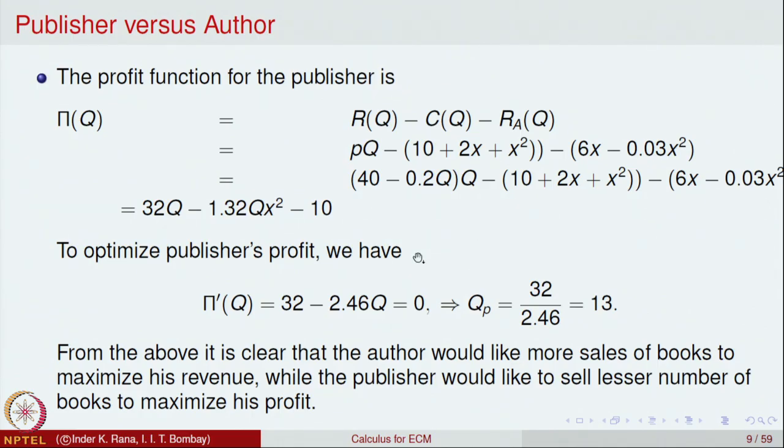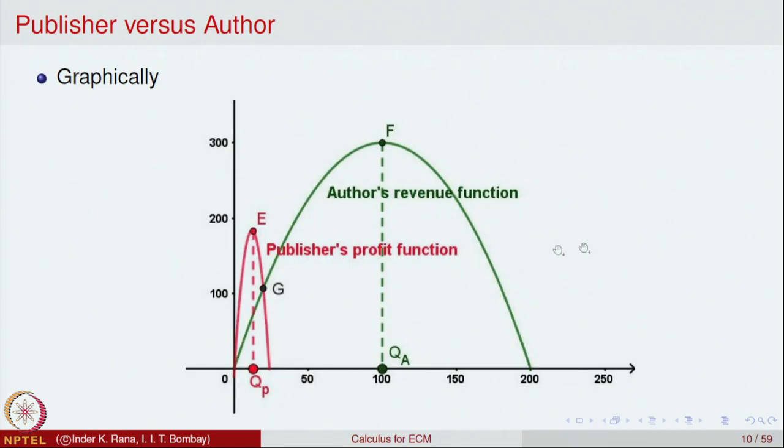All this analysis uses the properties of derivative and its applications. One can look at the graphical representation of this. This is the publisher's profit function, the red one, and the green one is the author's revenue function.